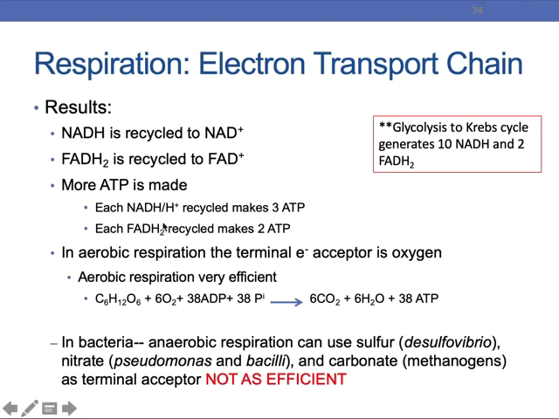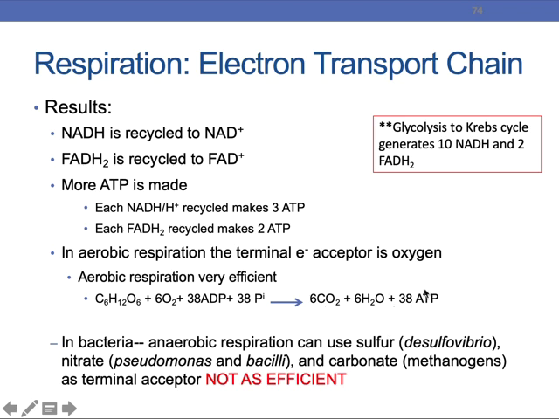So for each NADH that is recycled, you have 3 ATP produced. For each FADH2 that is processed, you have 2 ATP produced. In aerobic respiration, the terminal electron acceptor is oxygen. And in the process, in prokaryotes, you have 38 ATP produced.